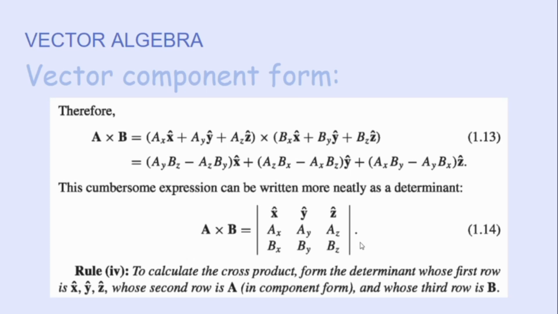Then you will put a positive sign, and you will ignore this column and multiply ax with by, putting a negative sign and then multiplying ay and bx. This is the form you get. So this is the cross product of vectors in component form.